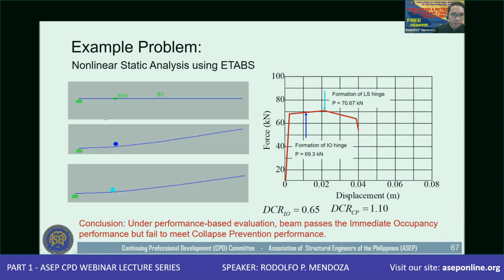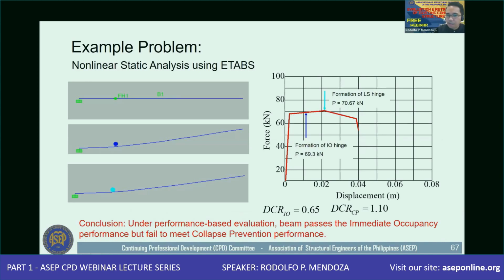So what are the results? For nonlinear static analysis, this is the capacity or pushover curve that was a result of the analysis using ETABS. You will see here that the formation of plastic hinge for immediate occupancy was obtained when the load applied is 69.3 kilonewton, whereas the formation of life safety hinge was obtained when P is 60.7.